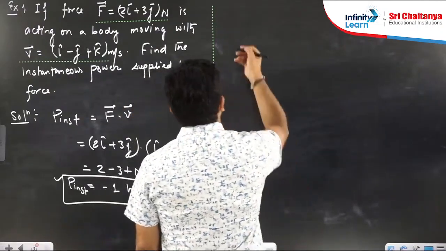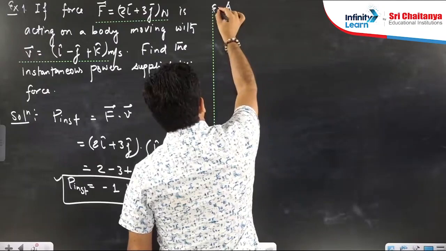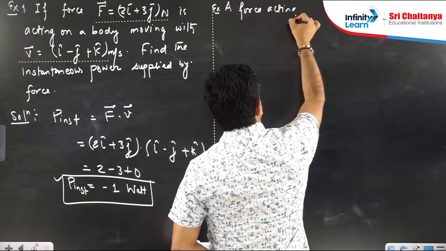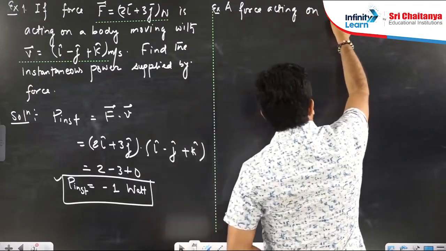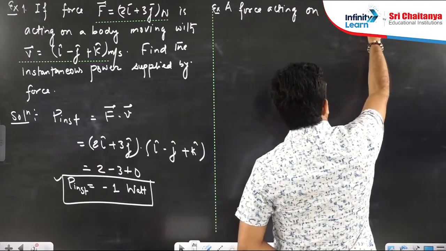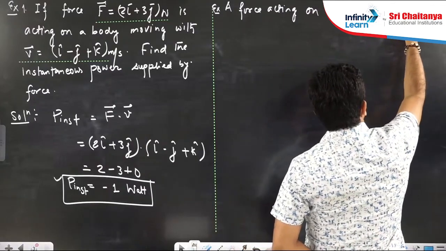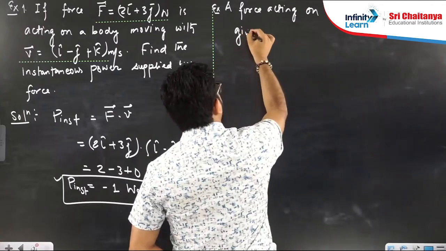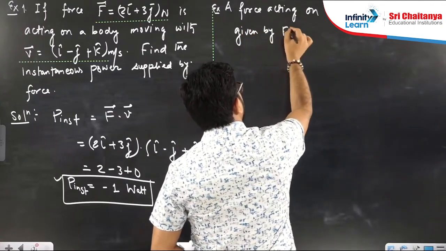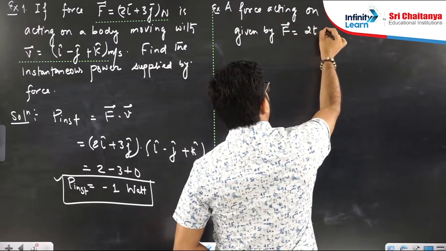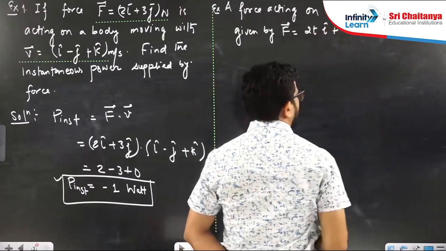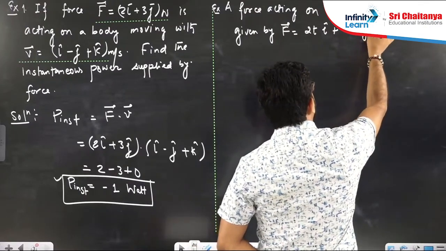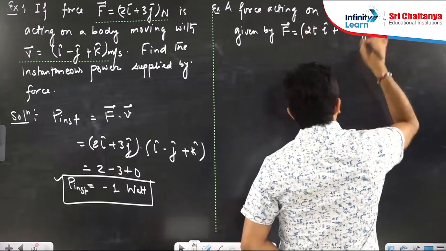Suppose a force acting on a body of mass 1 kg is given by F is equal to 2t i cap plus 3t square j cap Newton. I am taking the same data as the P by Q question.